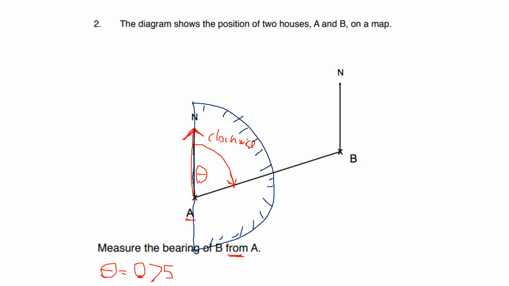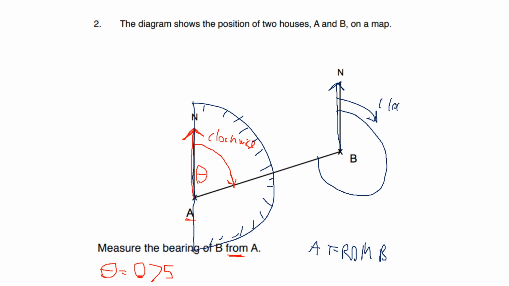What about if they ask us for A from B? How are we going to work that one out? Well, we have a north line at B. We're going to measure this angle here because it goes clockwise.